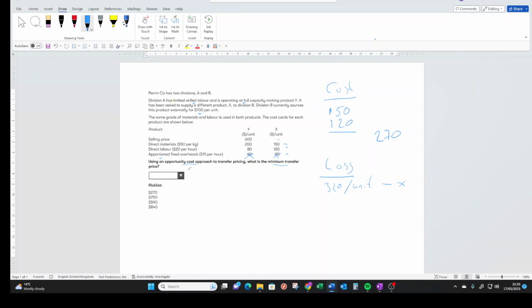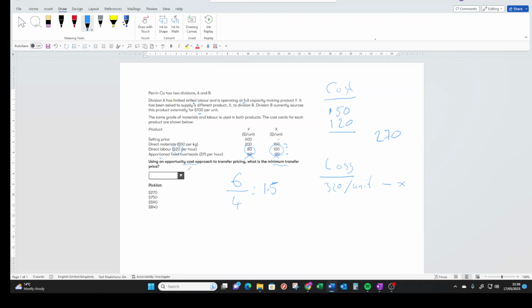So a unit of Y takes 4 hours because it's costing $80 to make a unit at $20 an hour, whereas a unit of X is taking 6 hours. So if it takes 6 hours to make a unit of X and 4 hours to make a unit of Y, we can make 1.5 units of Y for using the same amount of labour as making 1 unit of X.